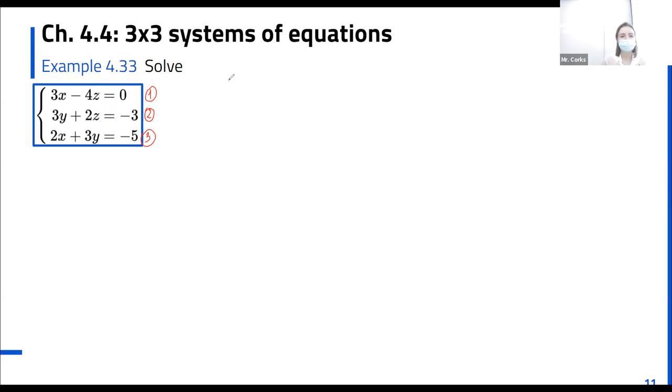So here we will have the procedure: the second equation multiplied by 2, then we subtract the second from the first one. So what do we have? 3x minus 4z equals 0, and 6y plus 4z equals minus 6.